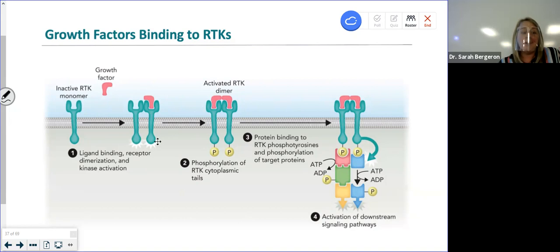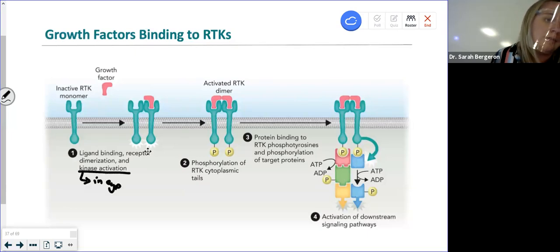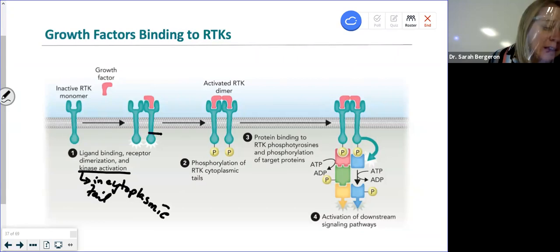Then what is going to happen is you're going to have activation of the intrinsic kinase activity in the cytoplasmic portion, right? So kinase activation, I would add that in the cytoplasmic tail, right? So the kinase activity is here.